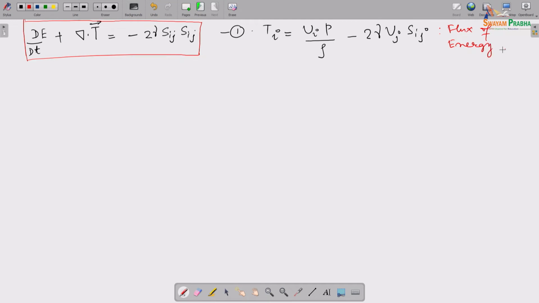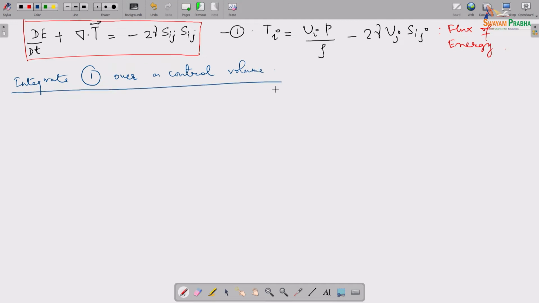Okay. Now then what we do is we integrate this over a control volume, right. So if I do that, what do I get? I'm using this as a symbol for volume integration.